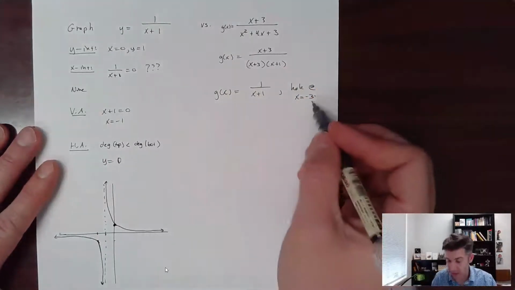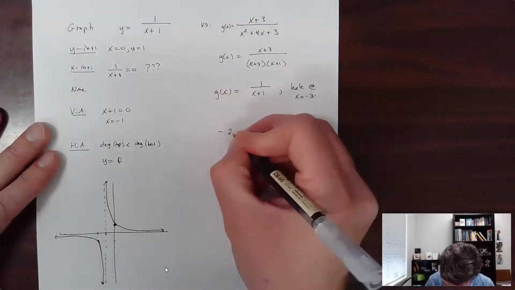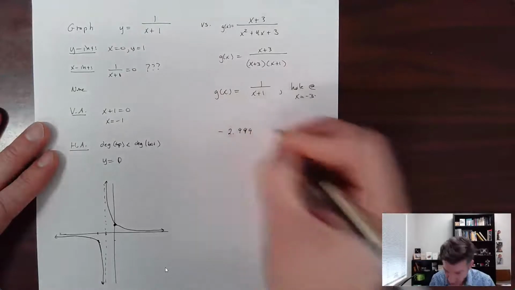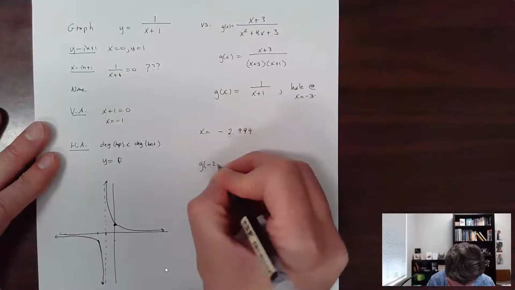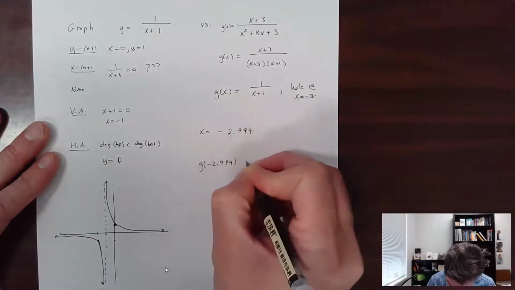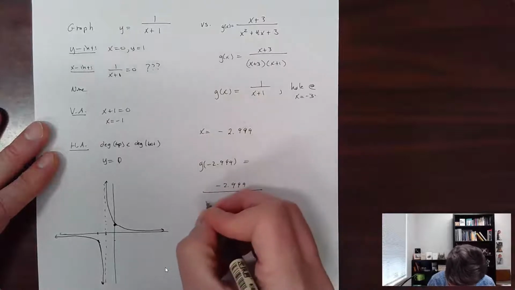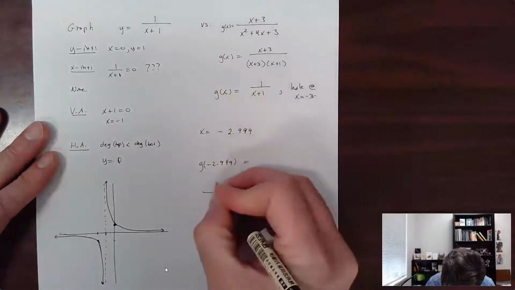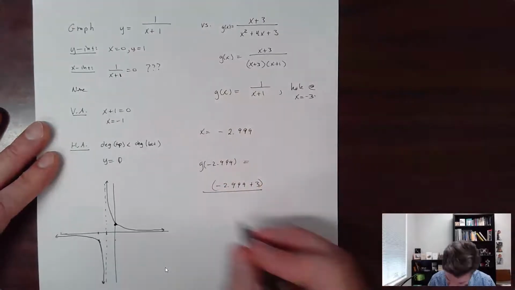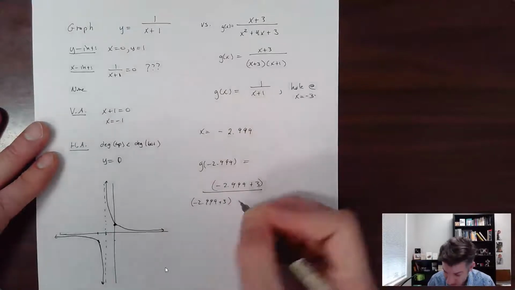Everywhere close to -3, just like the previous problem, right? If you pick a number like -2.999, if we plug that in, g of -2.999 is going to be -2.999 plus 3, which is a very small number, divided by -2.999 plus 3. Oh, look, those are the same. They cancel out.